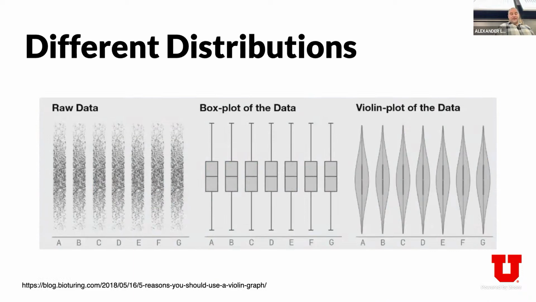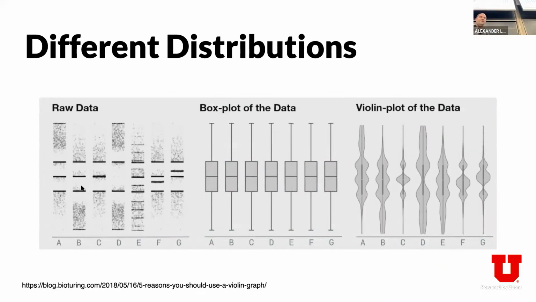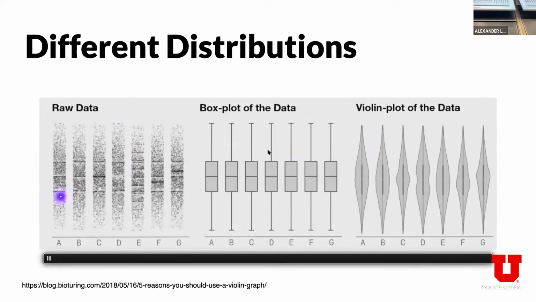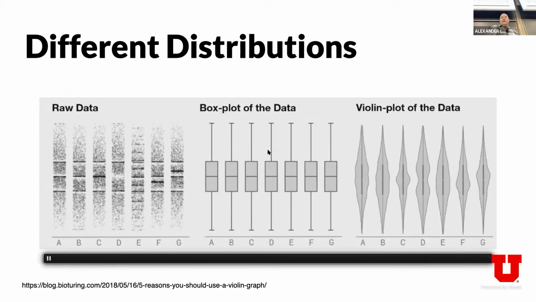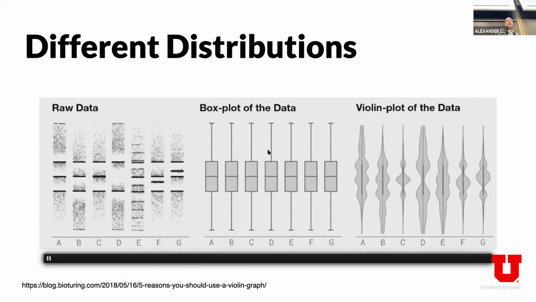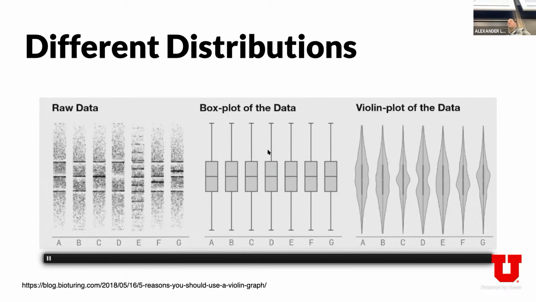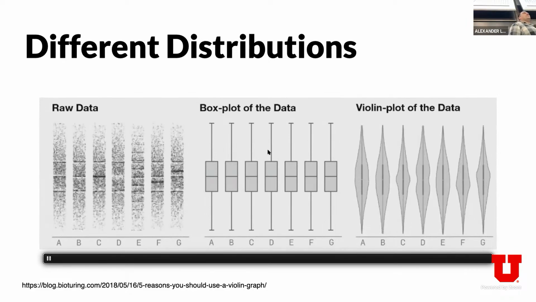Here's another example that shows the raw data and how it varies, from a uniform or a normal distribution to these very extreme bins, when the box plots remain completely static, but we can see that kind of information very clearly in the violin plots, right? So violin plots are really a great choice if you want to use a summary statistic. And this is also what I use to report experiments nowadays.